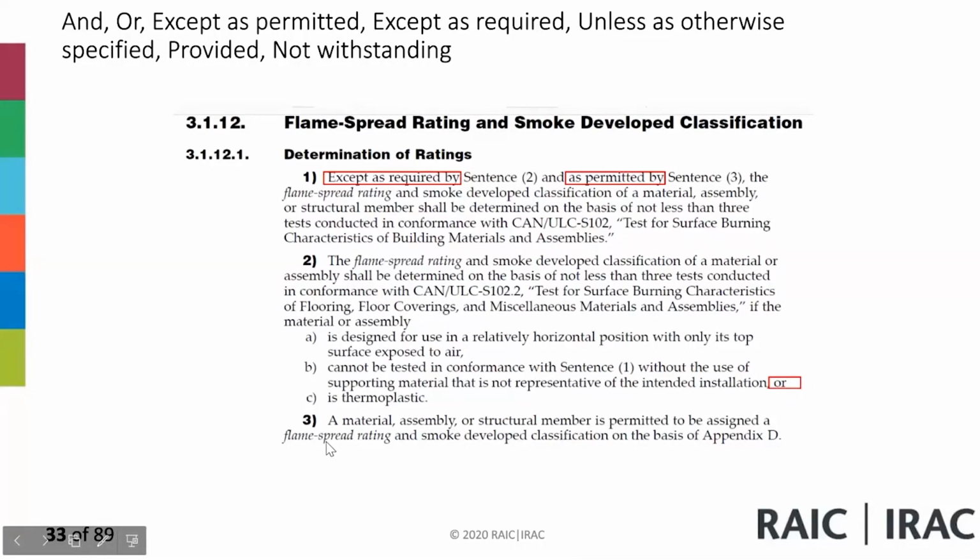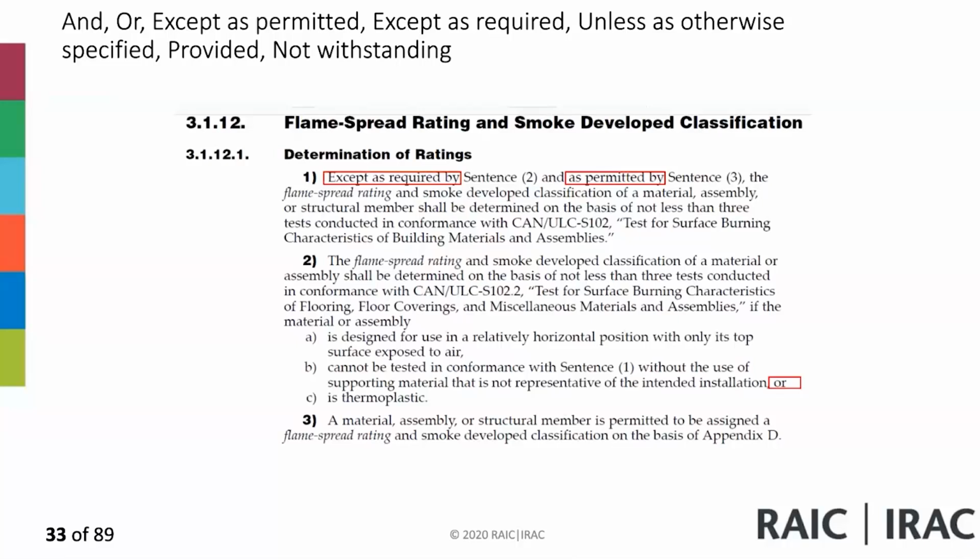So now you see "except as required by" and "except as permitted by" sentence 3: a material, assembly, or structural member is permitted to be assigned a flame spread rating and smoke developed classification on the basis of Appendix D. We said that there is an appendix for part 3, and we're going to take a look at part 3 and at the appendix.